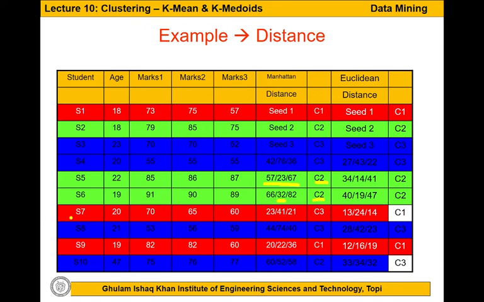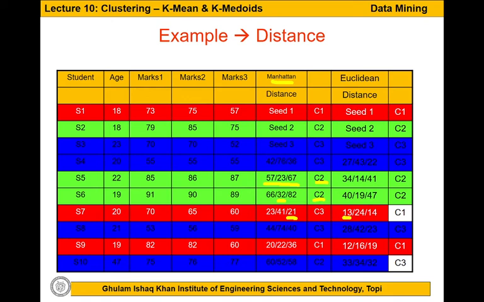Now S7 is interesting. If we consider Manhattan distance, the minimum distance is between S7 and cluster 3, but if we consider Euclidean distance, the minimum distance is between S7 and cluster 1.